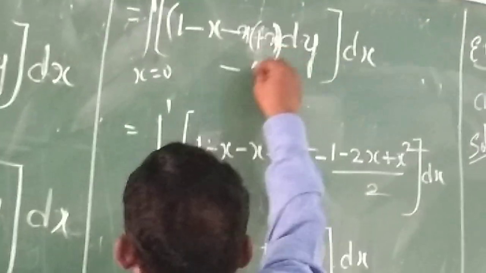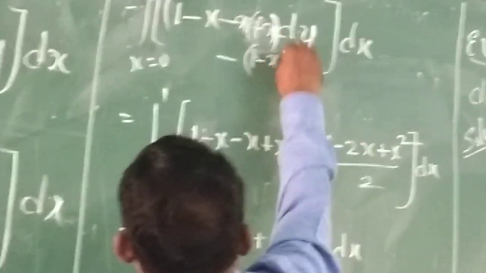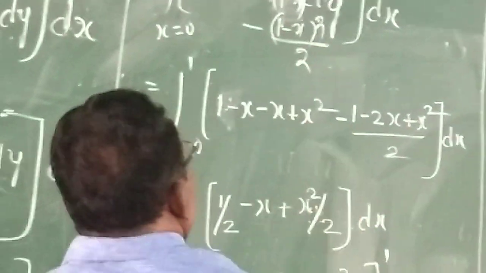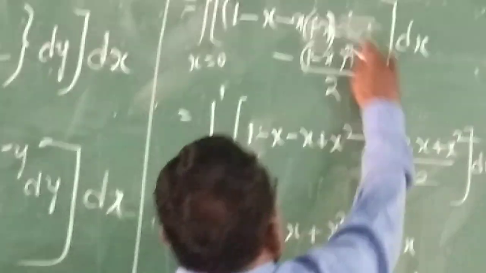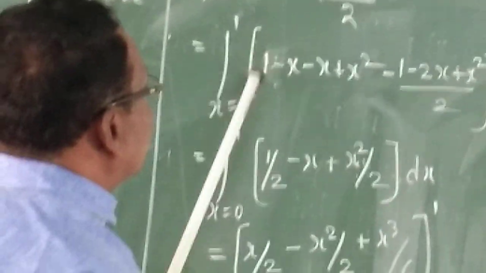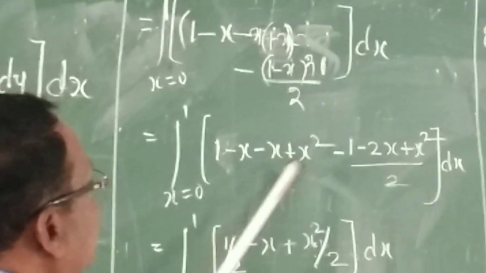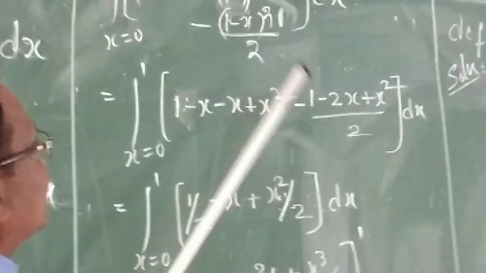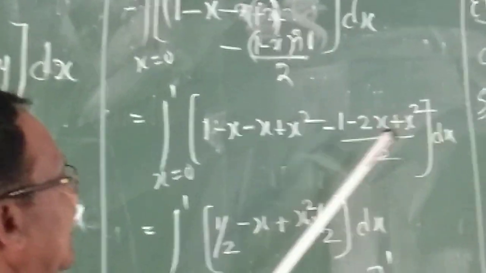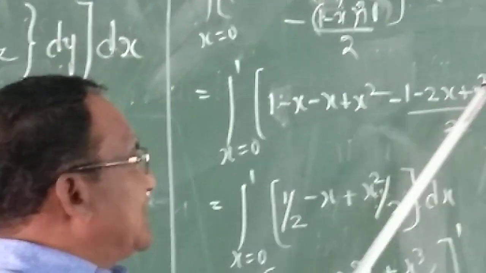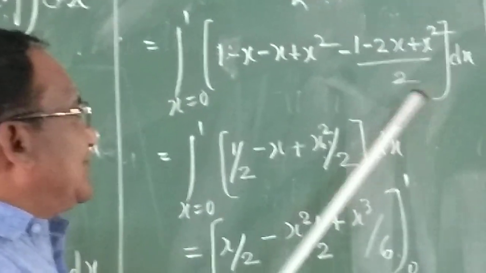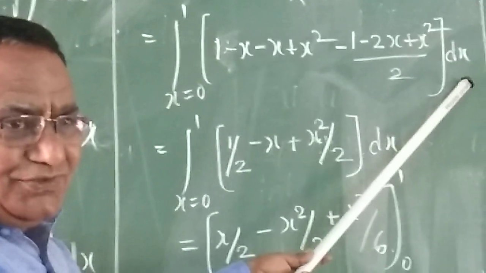Next, minus y squared by 2 means 1 minus x whole squared by 2 into dx. Into dx you write it as it is. Now 1 minus x you write it as it is. Minus x into 1 minus x is minus x plus x squared. Minus of 1 minus x whole squared is 1 minus 2x plus x squared divided by 2 into dx.